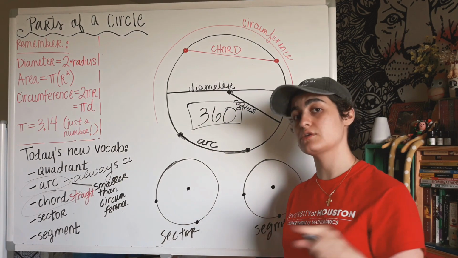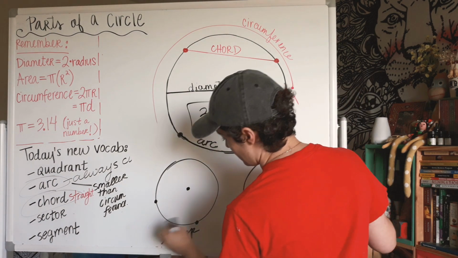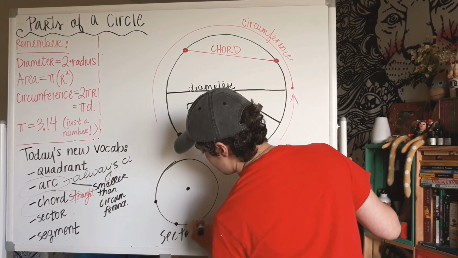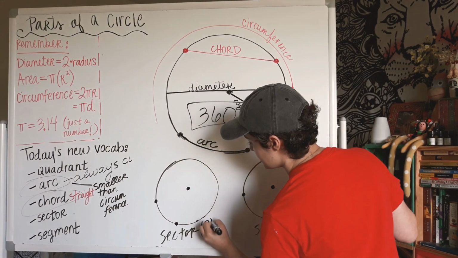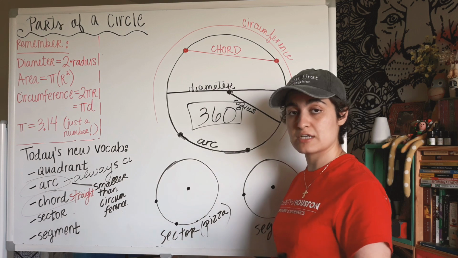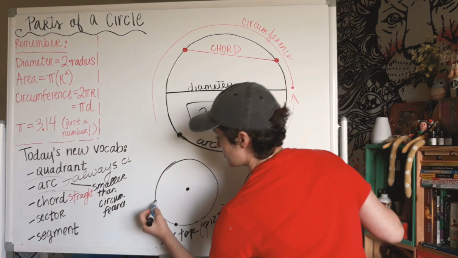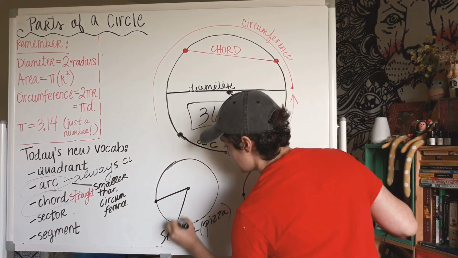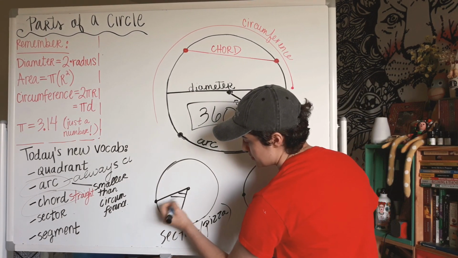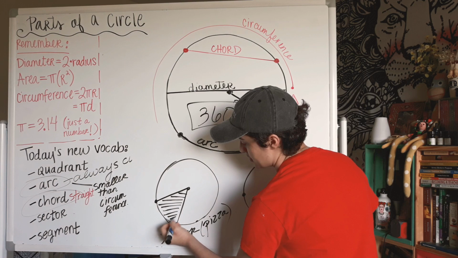A sector is going to look like a slice of pizza. Let's make it smaller. You need to use the center for the radius. So that's your first radius, and that's your second radius. This is what a sector looks like.